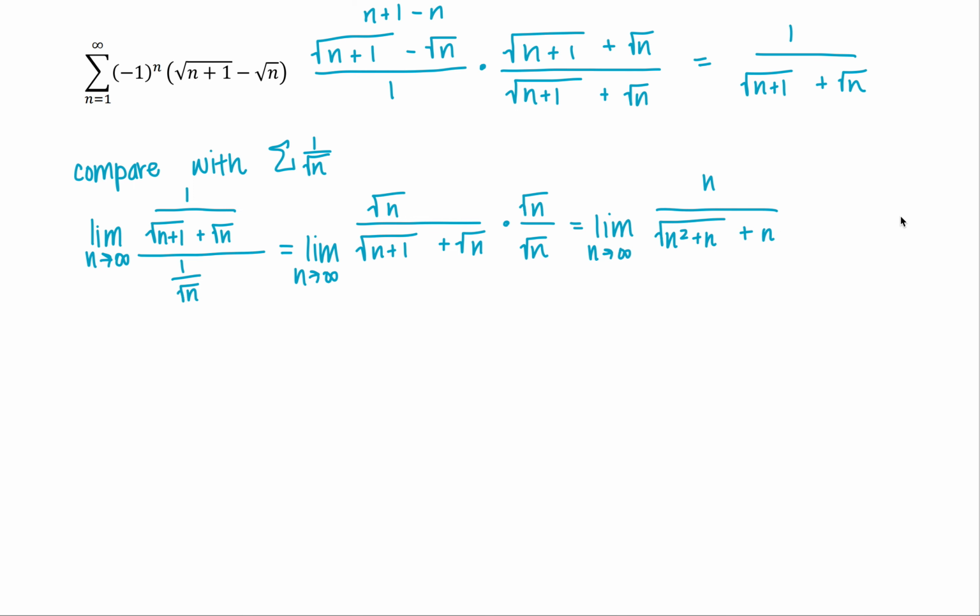Now I'm going to divide through by n. So n divided by n is 1, and we'll have the same thing in the denominator. When I take this radical and divide it by n, that would be the same thing as dividing by the square root of n squared.